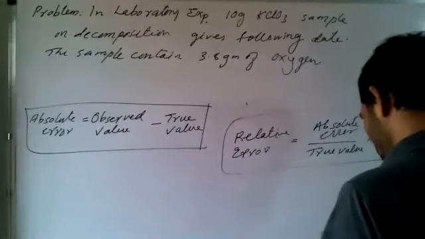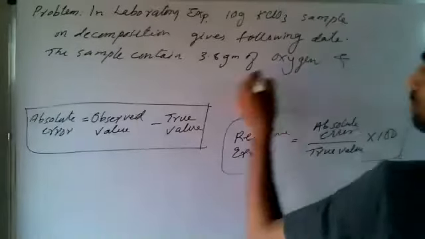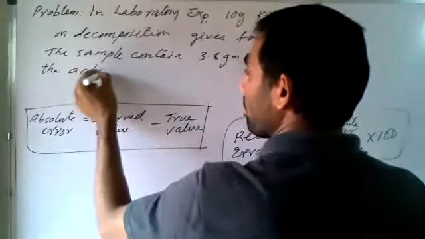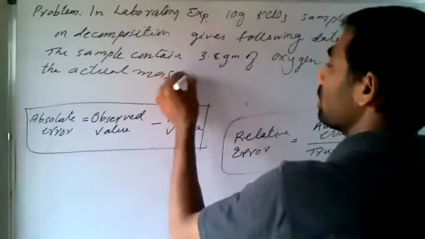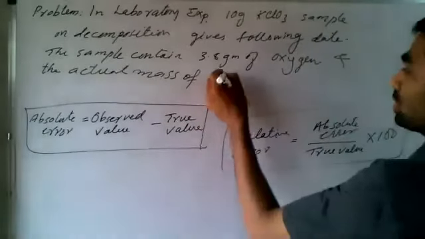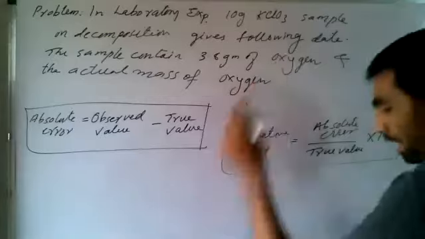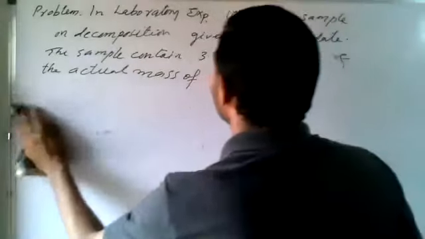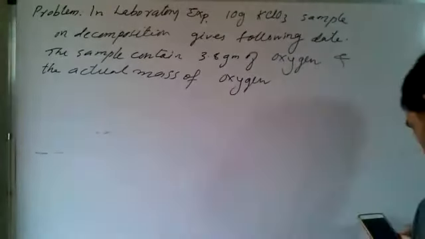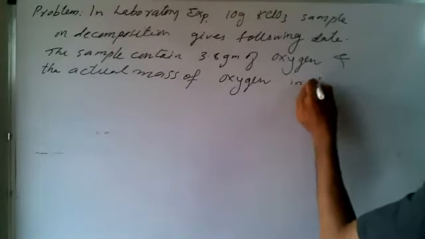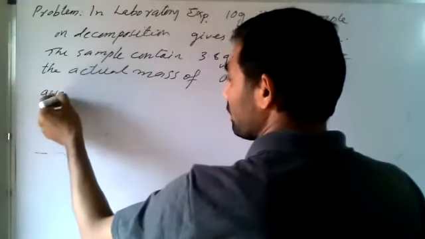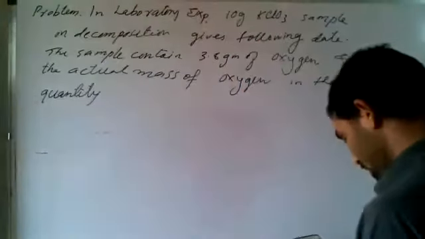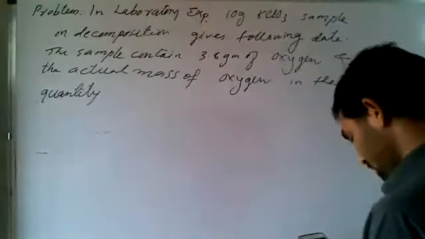This is the observation. And the actual mass of oxygen in the quantity of potassium chlorate is 3.92 gram.